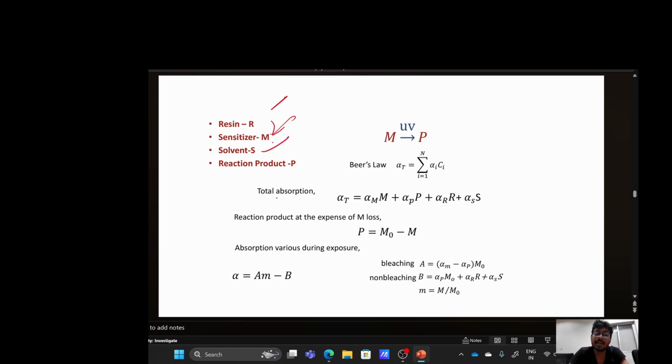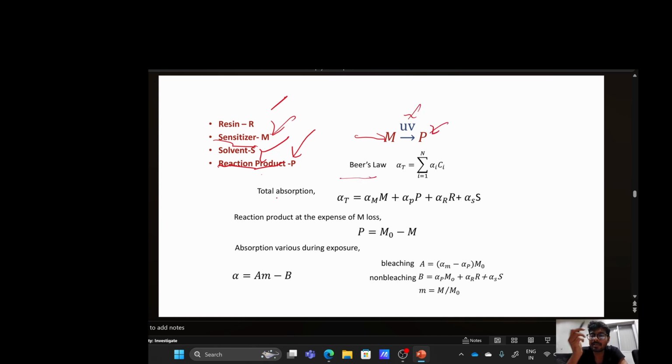Sensitizer is there, and this solvent is there, and with the falling of the photons, a reaction is happening, and the product is also available in that. There is a sensitizer, and with UV light it gives us the product P.